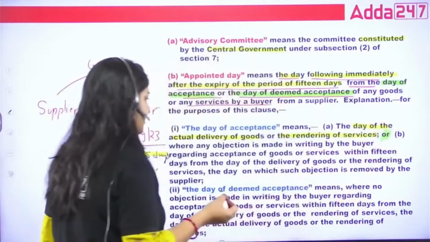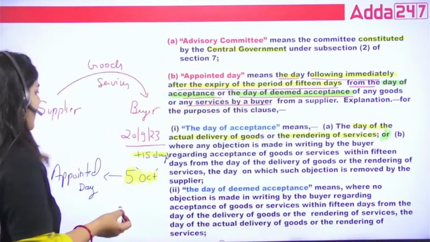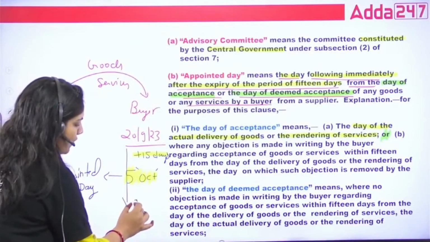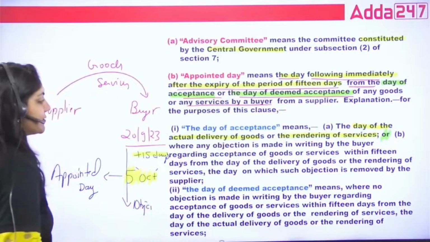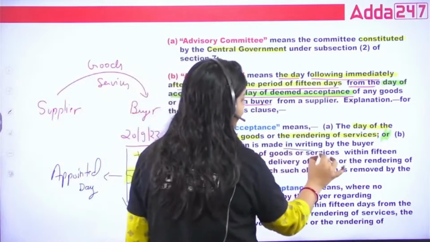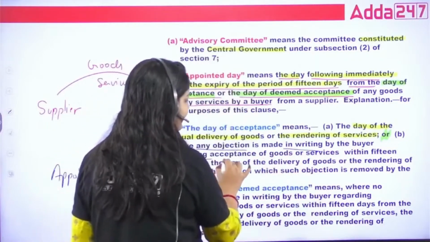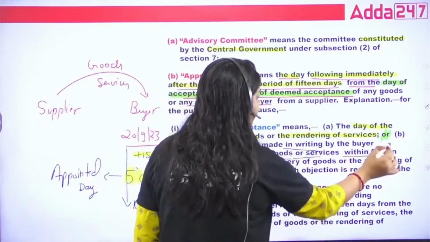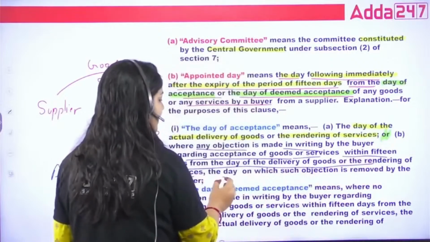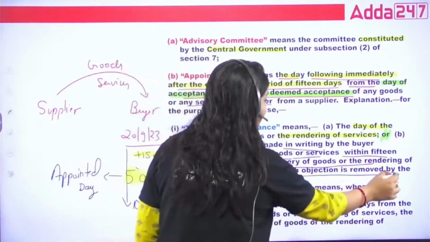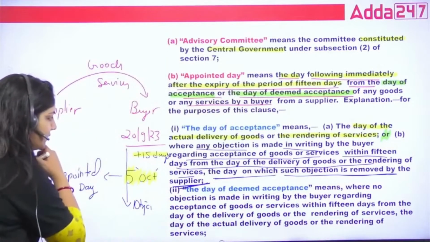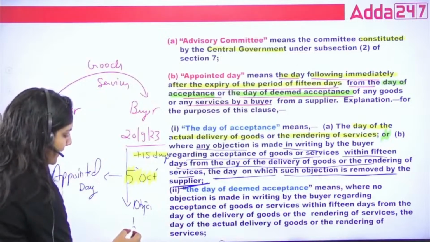This is your first definition, and the second definition is: suppose within 15 days any objection is raised by the buyer, and the supplier removes it, suppose on 10 October.